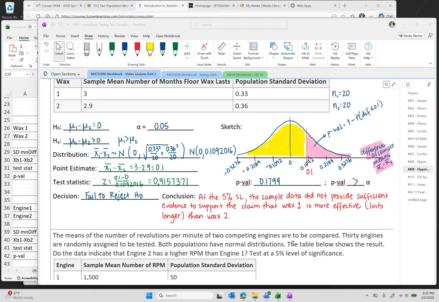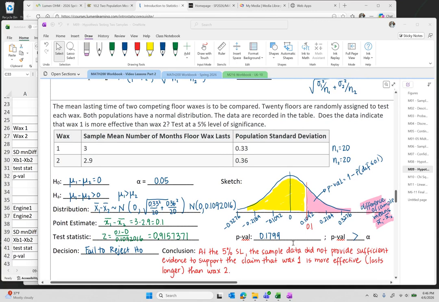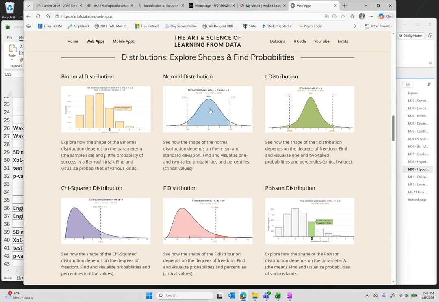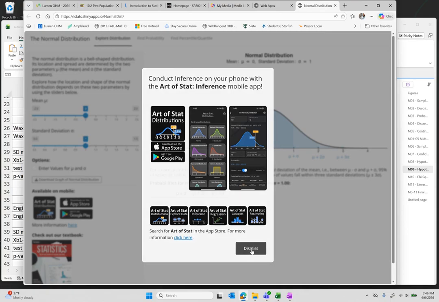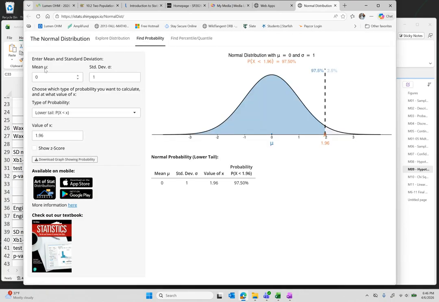So now we are going to try to do this hypothesis test in Art of Stat. Remember that Art of Stat does not have a normal distribution hypothesis test for means. So in the web apps, we want to go to the normal distribution and we want to enter the values that we found.